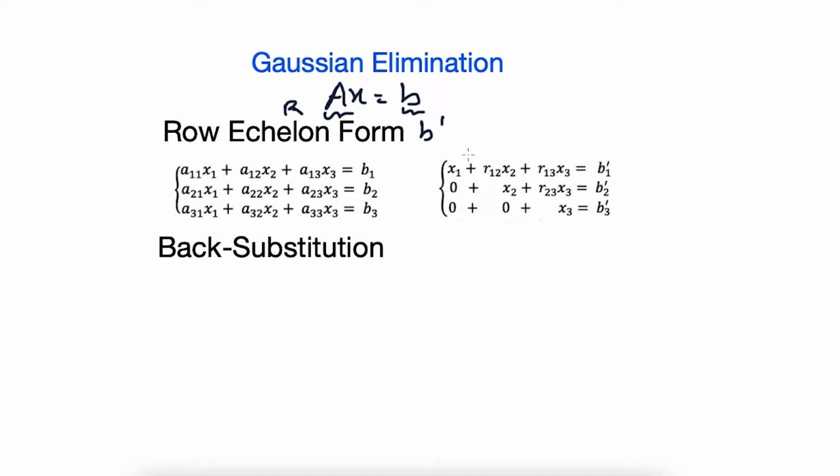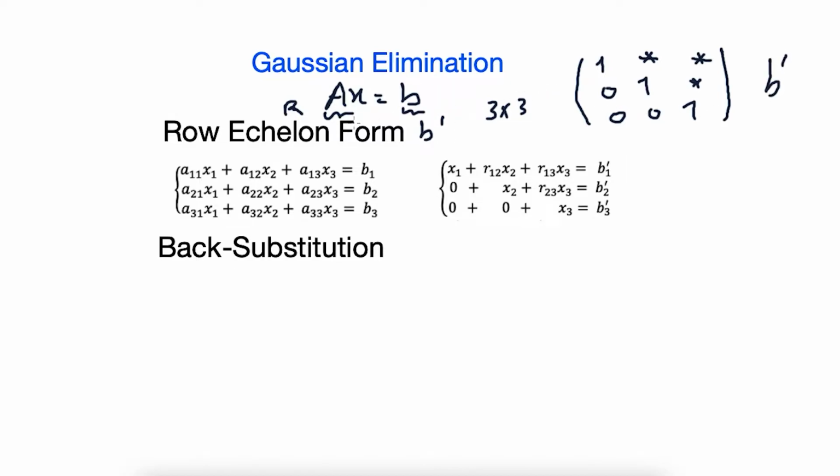The row echelon form in the case of a 3 by 3 matrix is a matrix with ones on the main diagonal and any value here, and zeros here. This is the case of the 3 by 3 matrix, and the corresponding matrix B prime.